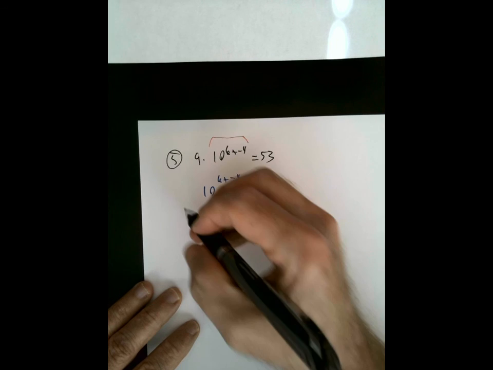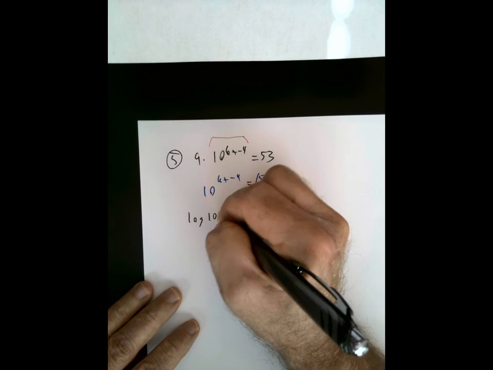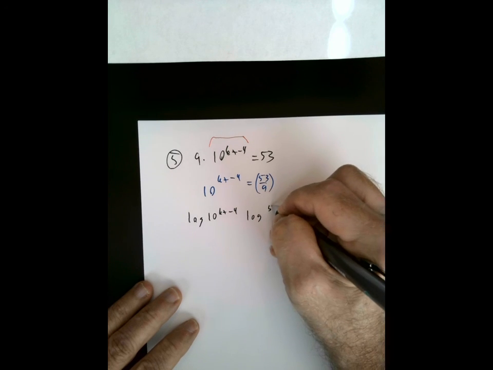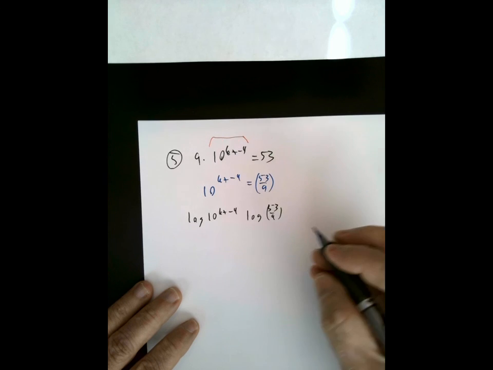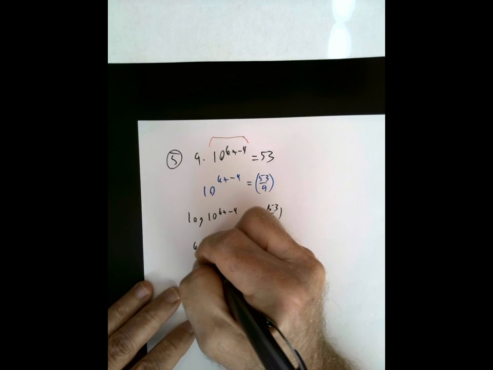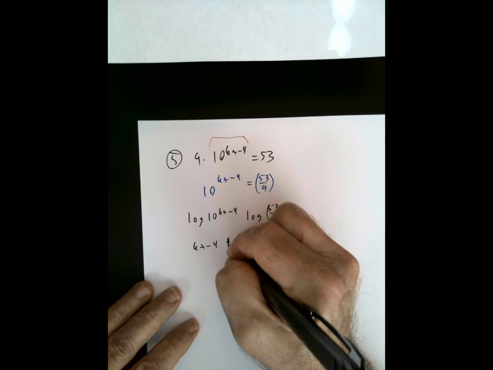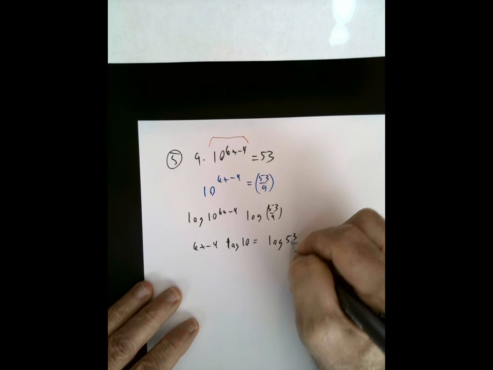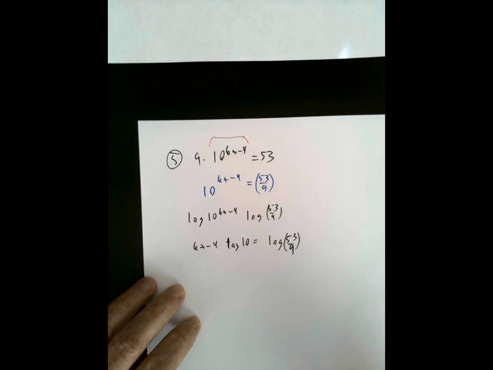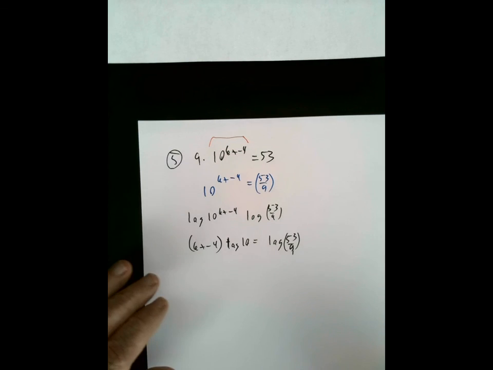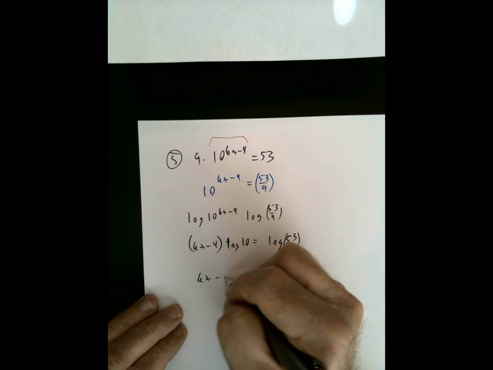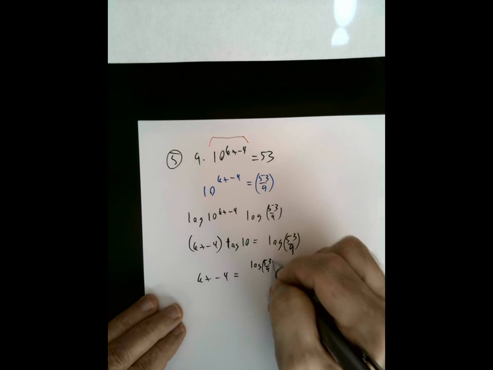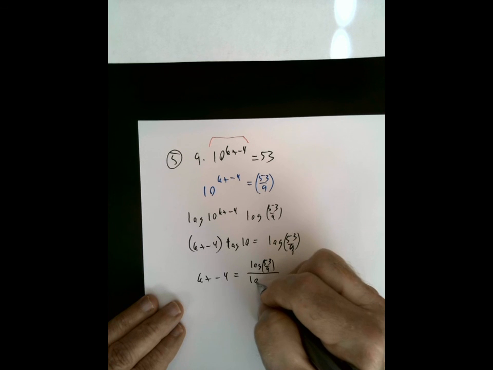Now we log both sides, right? 10 to the 6x minus 4 equals log 53 over 9, right? So now the exponent swings out front. That's one clump. Divide. So 6x minus 4 is equal to log 53 over 9, whatever that is, divided by log 10.